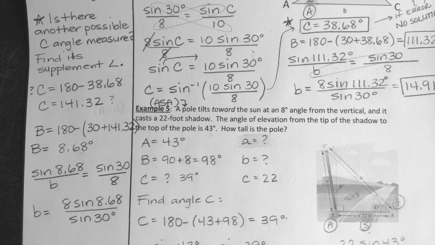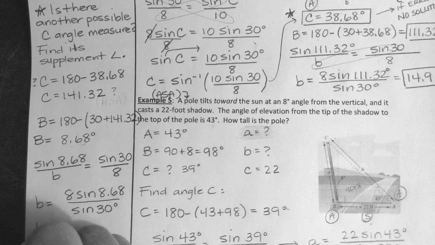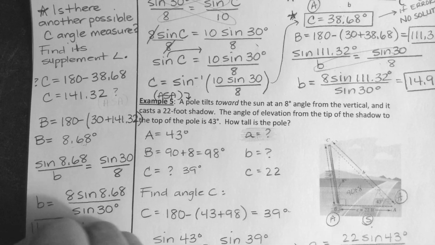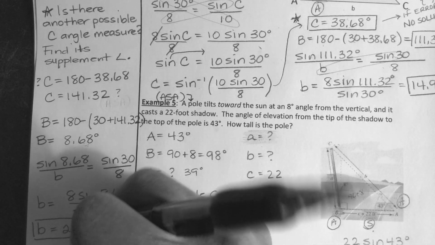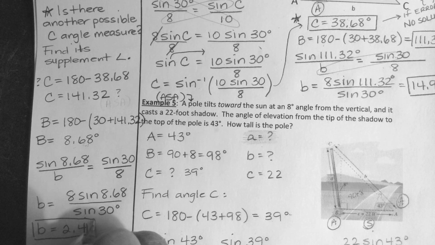And when you divide both of those values, you end up with b equals 2.41.